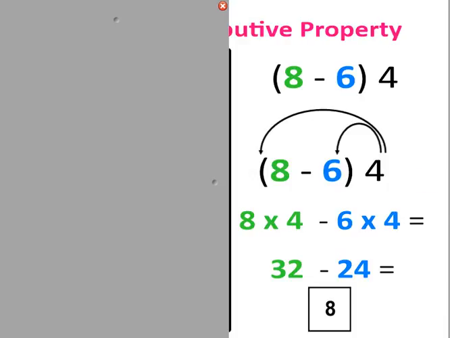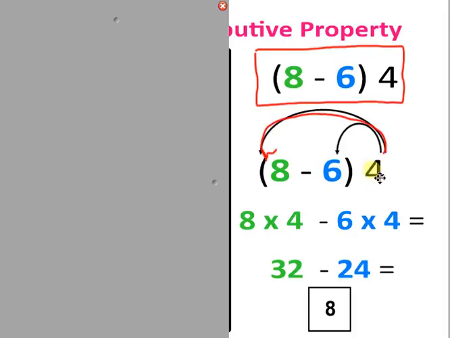Sometimes the number that you distribute will be on the right-hand side of the parentheses. You will also have situations where the operation inside is a subtraction sign rather than an addition sign. What you're going to do is still take the number that's outside the parentheses and distribute it. You always need to distribute it to the first number in the parentheses first.